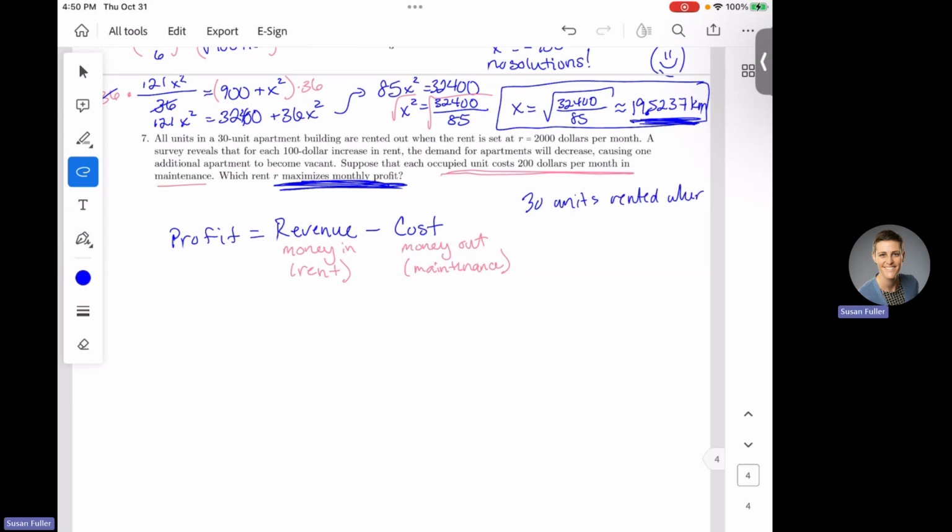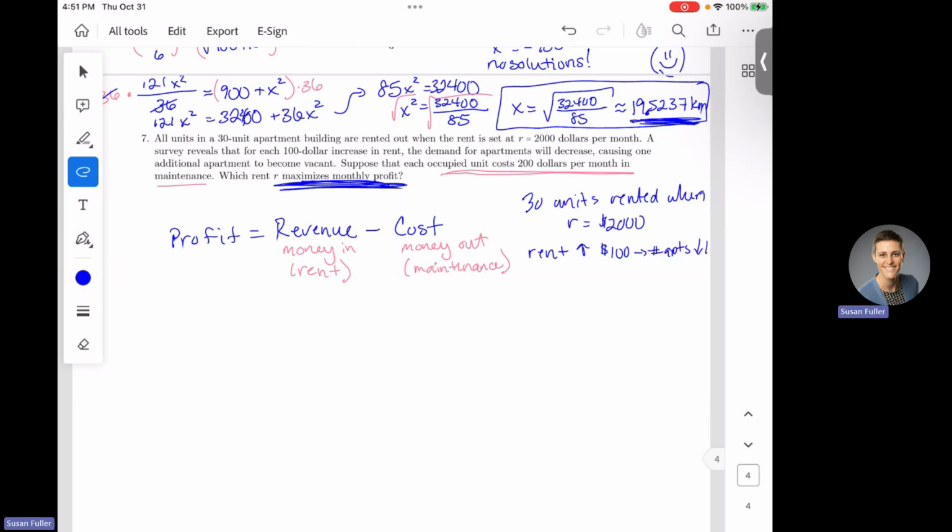When the rent is $2,000 per month, I know that if I increase rent by $100, the number of apartments goes down by one, right?